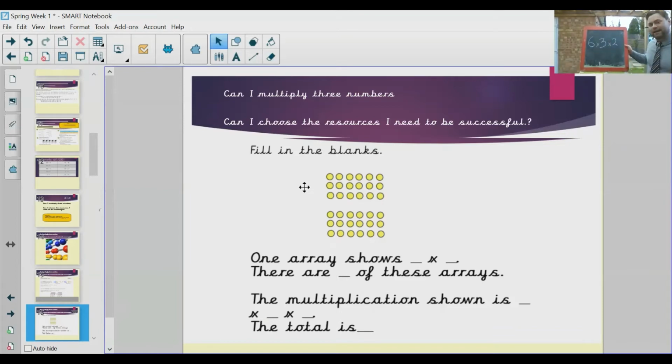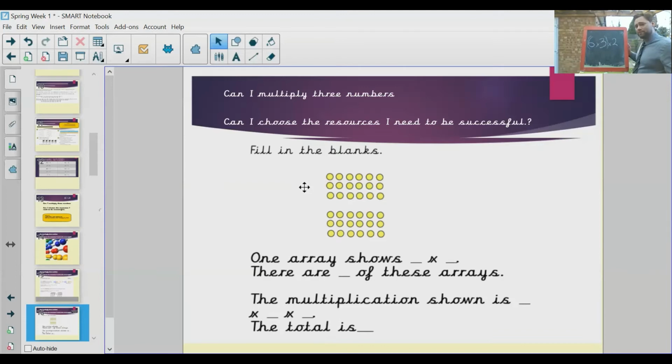So it looks like that. 6 times 3, okay? And then we've got 2 of them, so we're timesing that by 2 as well. Sometimes we can put brackets around here just to help us understand that we're going to multiply these 2 first and then multiply this one. But we don't need to get too technical about that at the moment.